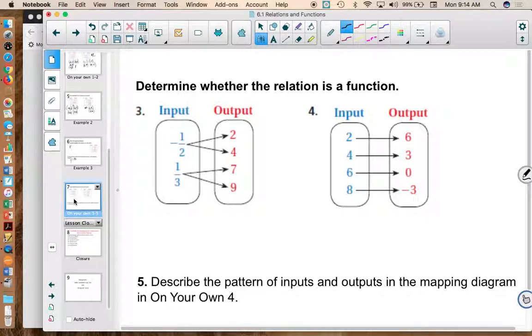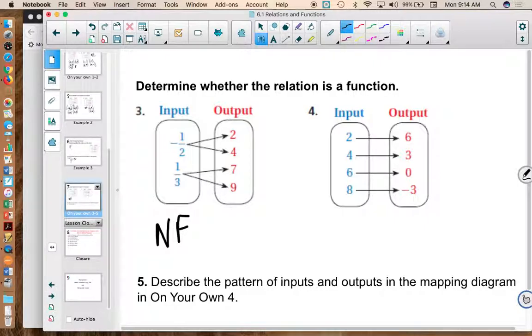All right. Determine whether it's a function. Number 3, is it a function? Thumbs up, thumbs down. All right, here's what I'm seeing, and I can't draw a thumb, so I'm going to have to say non-function.